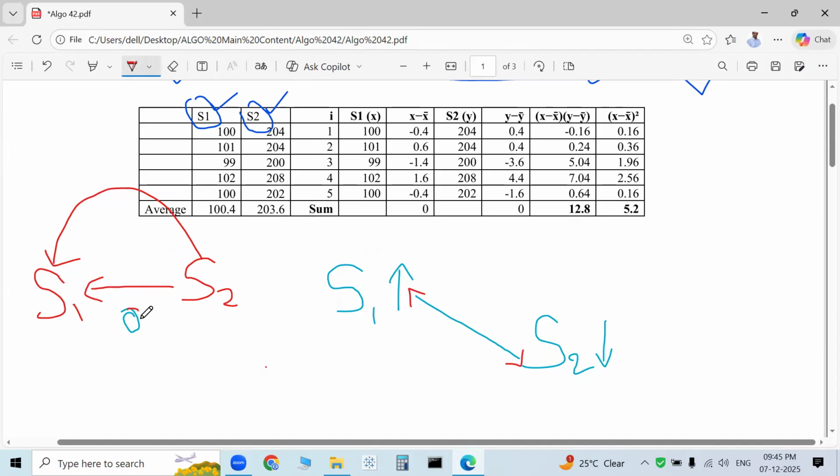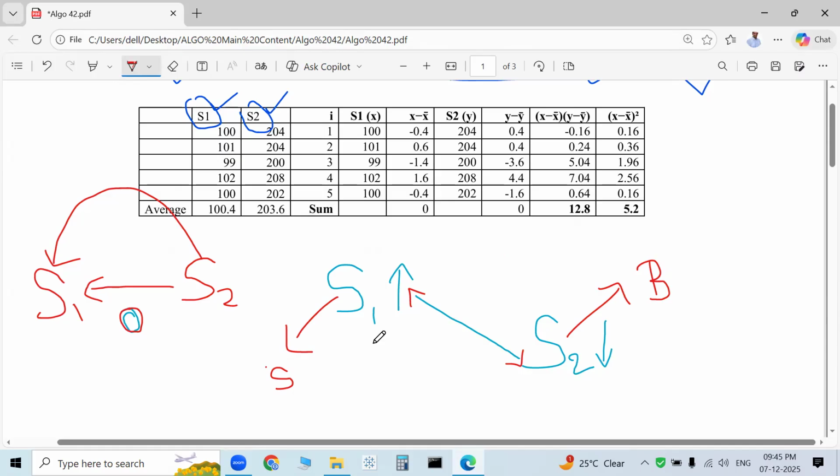It has to be zero. But here there is some distance, because S1 has moved up, but S2 has still not moved up. So here we can do a simple thing: sell this, and here we are going to buy this.